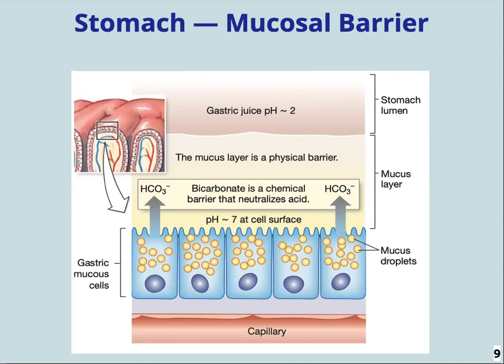And epithelial cells of gastric mucosa are also joined by tight junctions that prevent gastric acid from leaking into the underlying tissue. And finally, the damaged epithelial mucosal cells are quickly shed and replaced. So there's a pretty high turnover rate of about 3 to 6 days.